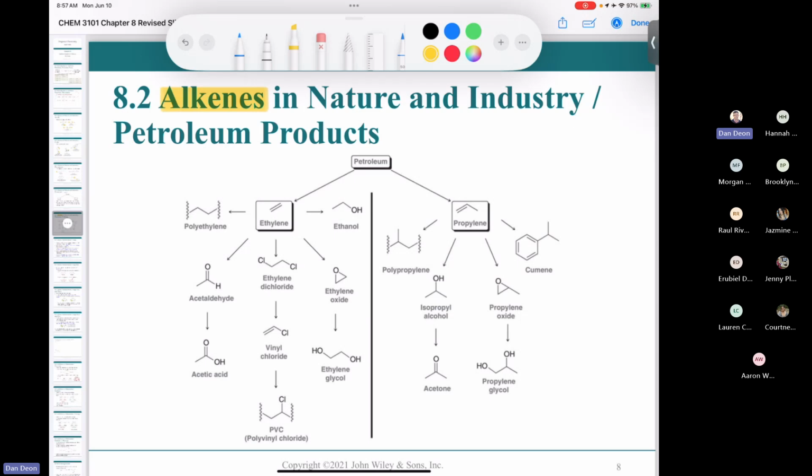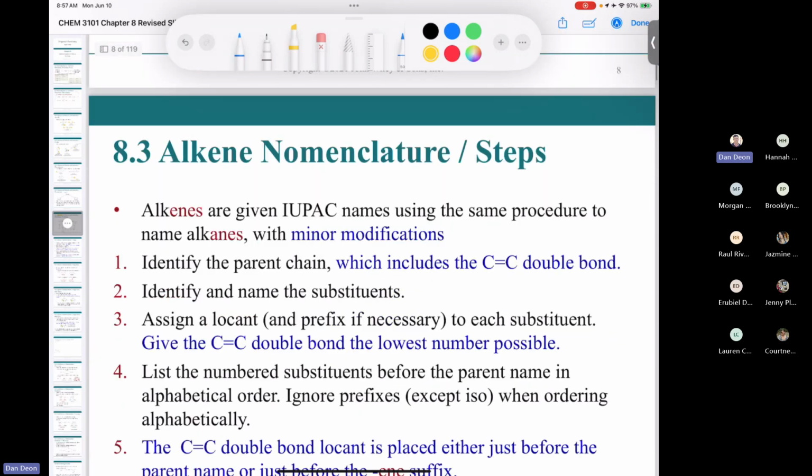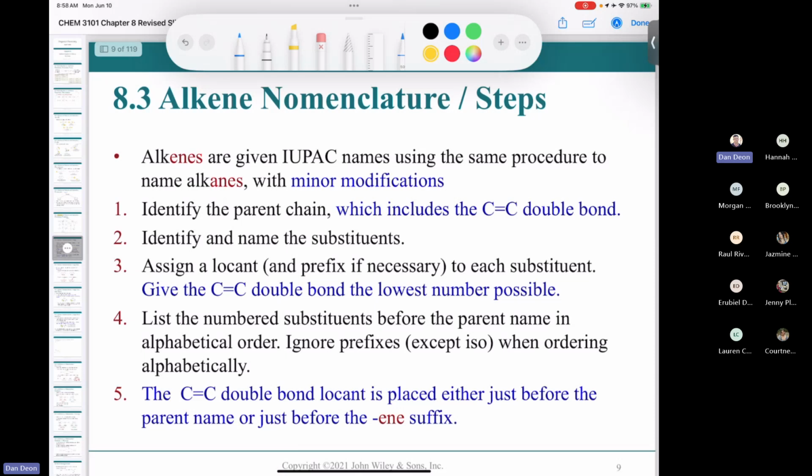Anyhow, hopefully I made some points there in section 8.2. But before we can start talking about alkenes as a group, what's the first thing we have to do before we get into a really deep discussion? We have to learn how to name them, right? We can't talk about them without being able to give them a proper name. Now, I have some good news.